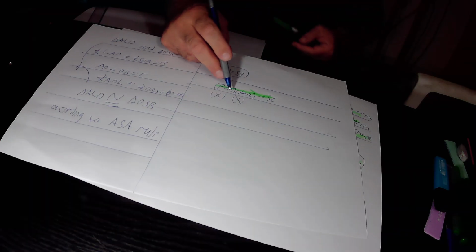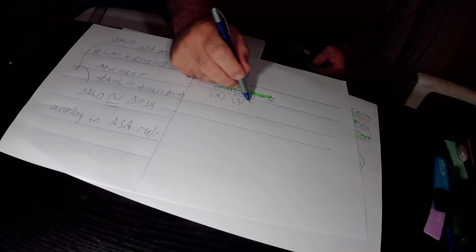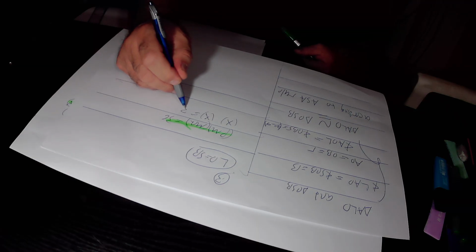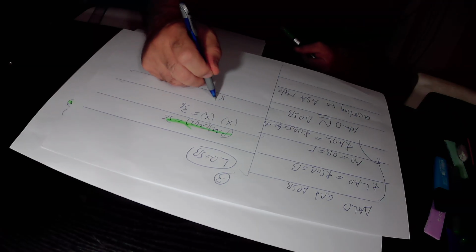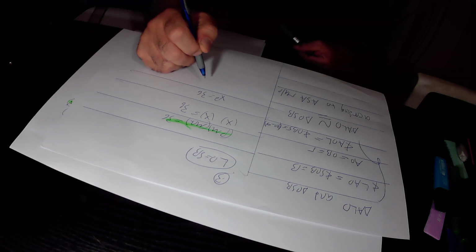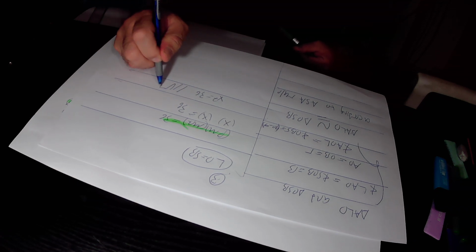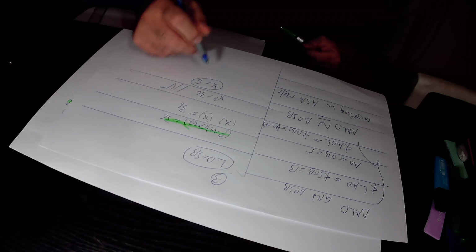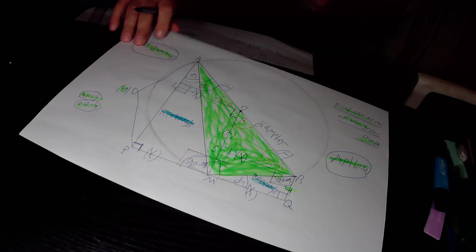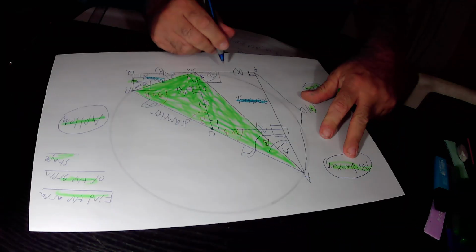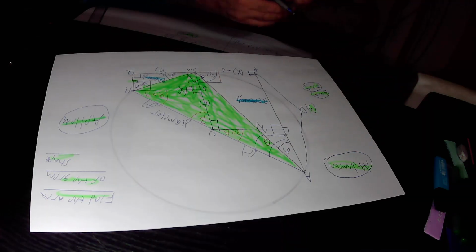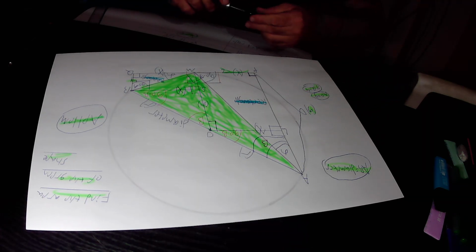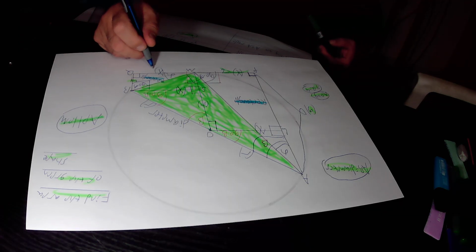So in total we found out that x times x equals 36. x times x is x squared, equal to 36. Here we'll take the root of this equation and find out that x equals the square root of 36, that is 6. PM equals x and x equals 6. Here we have MQ equals x equals 6.